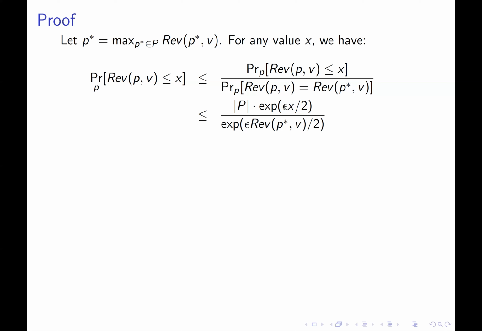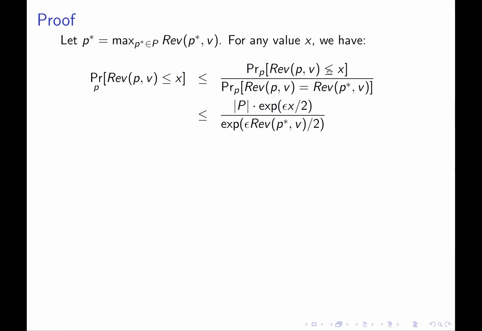And the exponential mechanism outputs each price with probability proportional to its revenue. There might be more than one bad price, but in the worst case, everything is bad. The number of prices I'm selecting from is finite, there's cardinality of P of them. So in the worst case, every price is bad, and each of them is output with probability proportional to e to the epsilon x over 2.